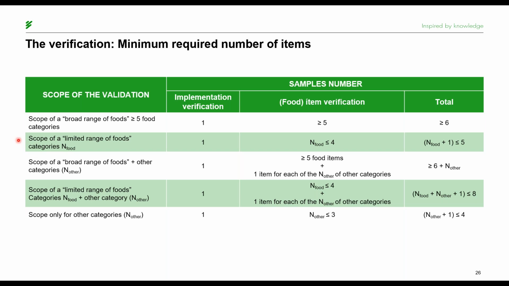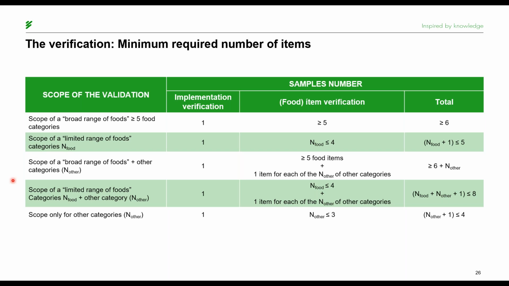If you include non-food categories, we would have 6 and 1 more for each of the other category in the case of being a wide range.